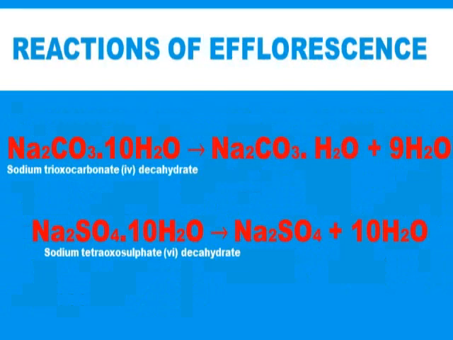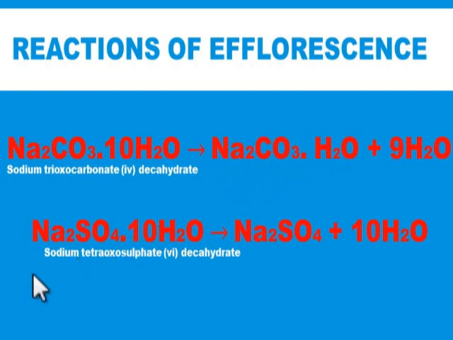Look at their reaction now. Now this is sodium trioxocarbonate 4 decahydrate having 10 molecules of water. On exposure to the atmosphere, the water will evaporate. It will lose 9 molecules of water, remaining only 1, and become monohydrated. So we call this sodium trioxocarbonate 4 monohydrate.